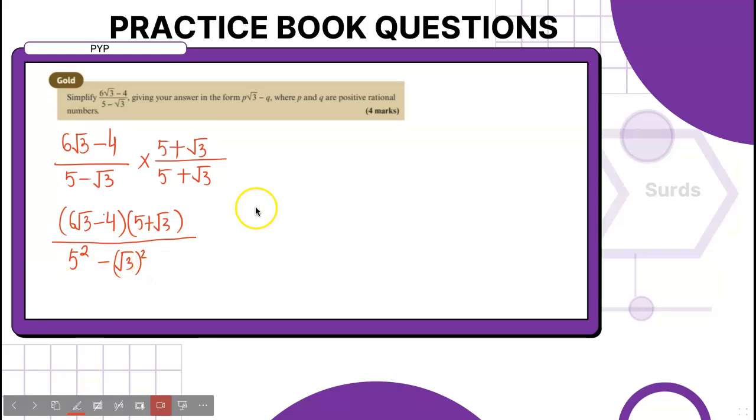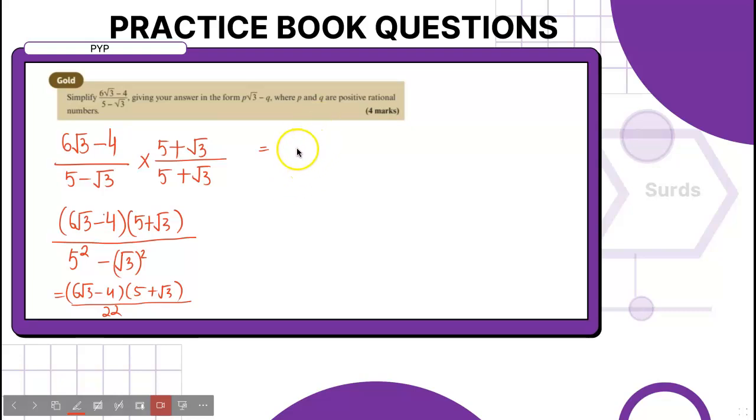The top stays the same: 6 root 3 minus 4 times 5 plus root 3, over 25 minus 3, which is 22.